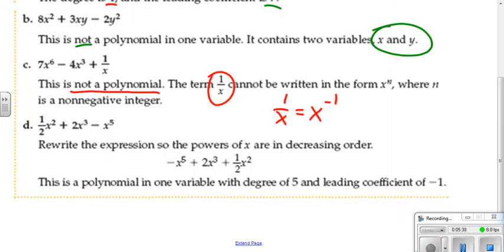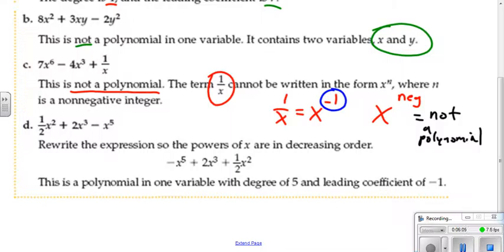So you'd think, oh, that's just another power of x. But this negative 1, we can't have an x power that is negative. If it's x to a negative power, that means not a polynomial. So anytime it's x to a negative power, no longer a polynomial. So C is just not a polynomial.